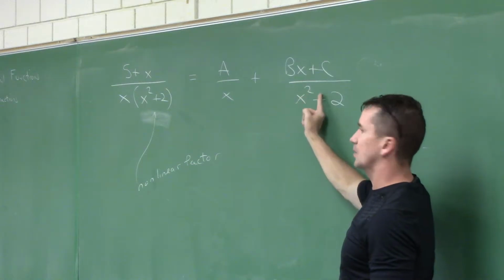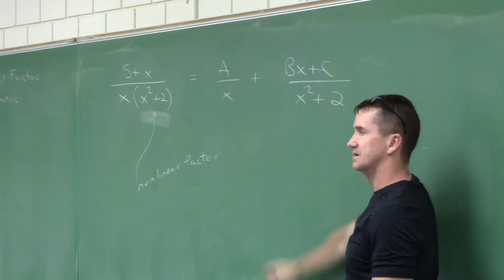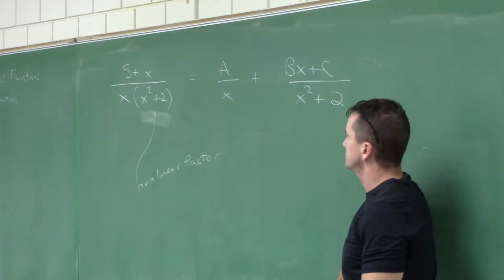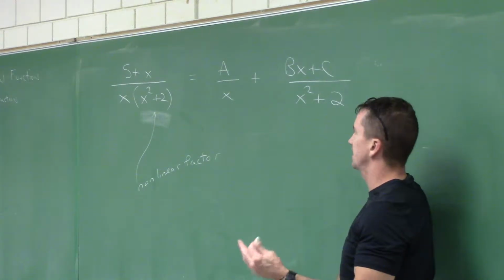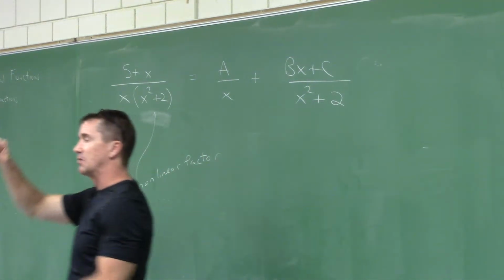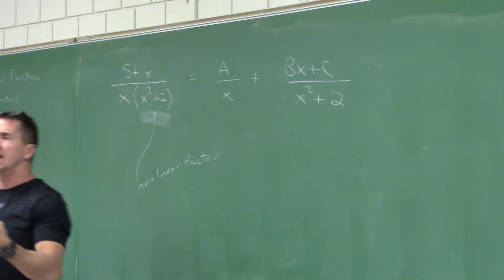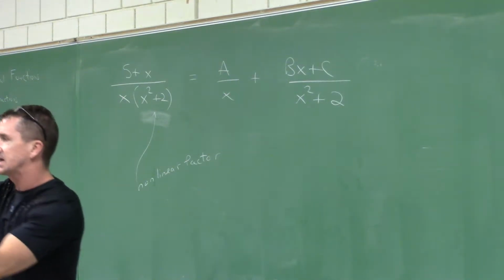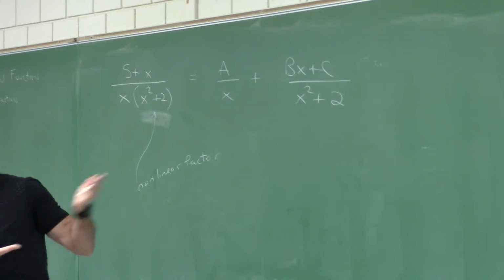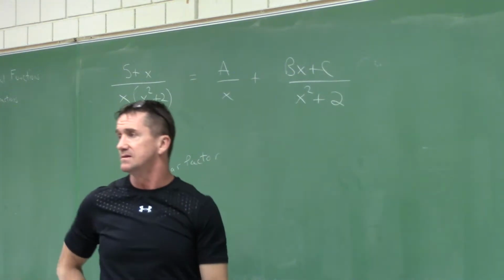I'll put down that x squared plus 2, but look what I wrote: Bx plus C. That's how to set up the problem when they have a non-linear factor. In the numerator, we're going to write Bx plus a constant C. And eventually, today, we're going to be finding the constants A's and B's and C's. And once we do that, we'll have integrals we can solve, actually rather easily.